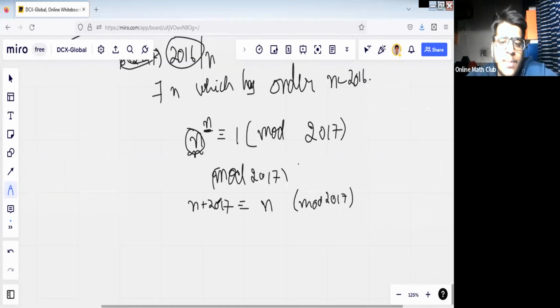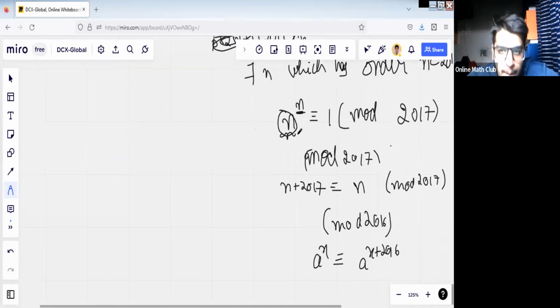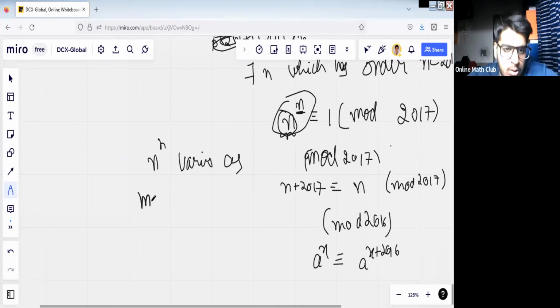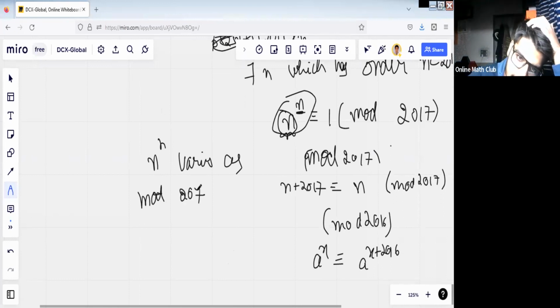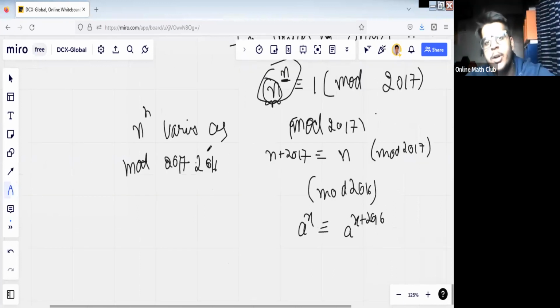But if you consider the power, that varies as mod 2016. If you have some a, then a to the power x is congruent to a to the power x plus 2016. So essentially n to the power n varies as modulo lcm of 2017 and 2016, which is 2017 times 2016. That is why you have 2017 times 2016 in the question.